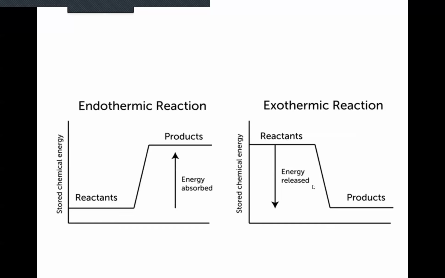The surroundings will get hotter as a result. And the amount of energy released is equal to the difference in the chemical potential energy levels between the reactants and the products. Now, if you Google energy curve, you'll see slightly more complicated graphs that include activation energy. I'm glossing over that right now deliberately. I just want you to focus on the simple difference between energy absorbed and energy released.